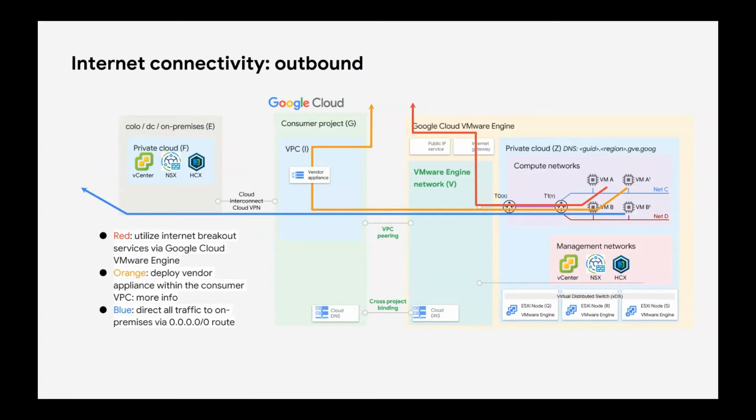And the last, blue option is to take all the traffic back to the on-premises environment. This is achieved by injecting a default route into the VMware Engine network. Please keep in mind that this option will introduce additional latency for workloads, since all the traffic now would be going to on-premises before going to the internet.